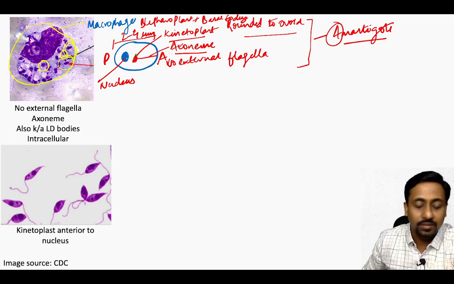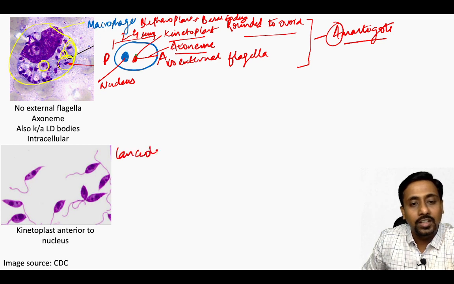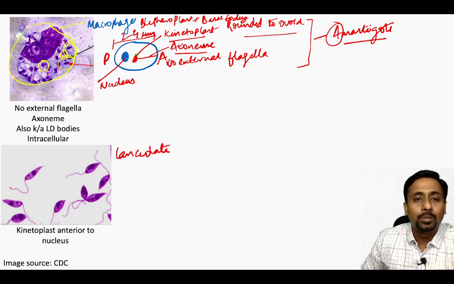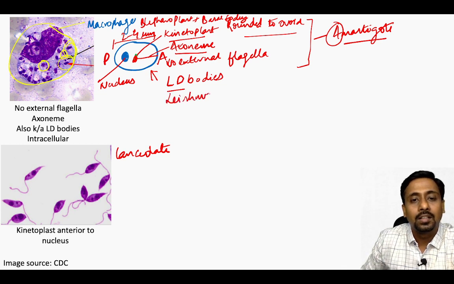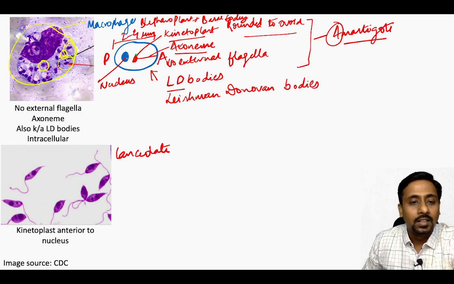Now coming to the next form, the shape is not rounded, it is lanceolate. One more point I want to add: this structure was initially called LD bodies by the scientists who discovered them, Leishman and Donovan. Leishman-Donovan bodies.